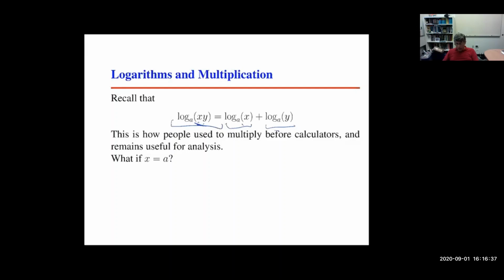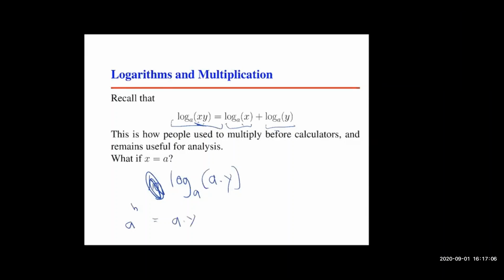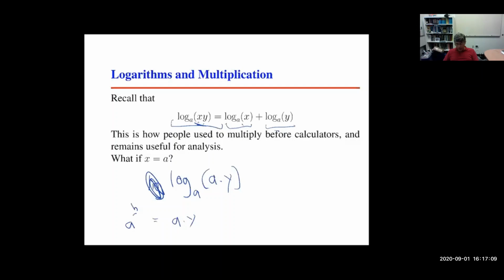But it becomes very interesting to work with this relationship. What is the log base a of a times y? The log base a of this is going to be, what is the exponent h such that a to the h is going to be a times y?